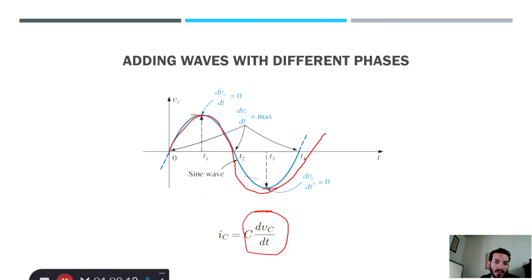So the derivative equal to 0 will give you the minimum as well. The maximum is when it's crossing the horizontal axis. At this point, it gives you the maximum value of the voltage, which can be computed with dV/dt as well. So the derivative of the voltage function with respect to time gives us the maximums and the minimums.